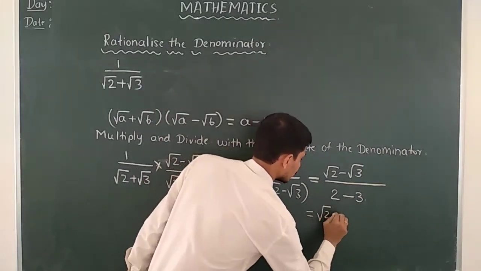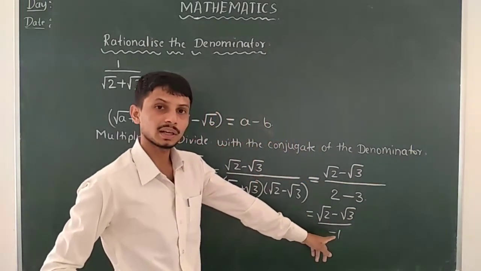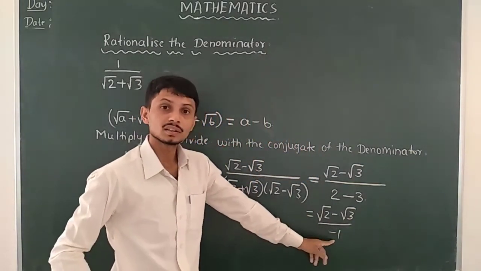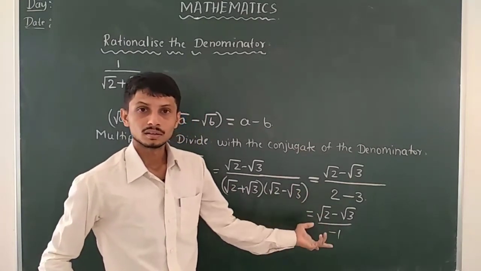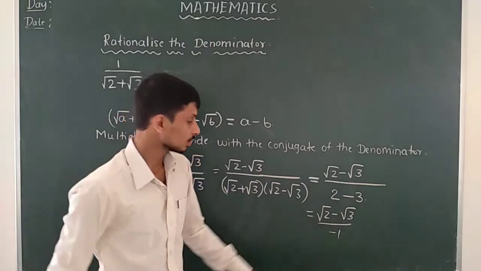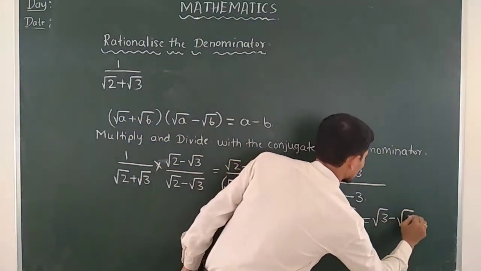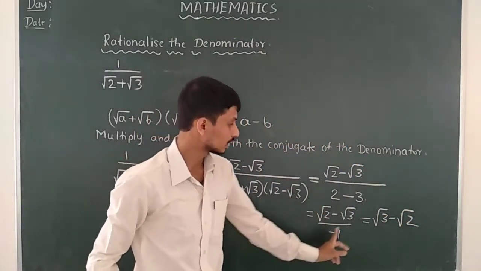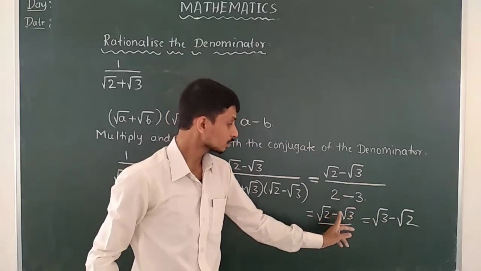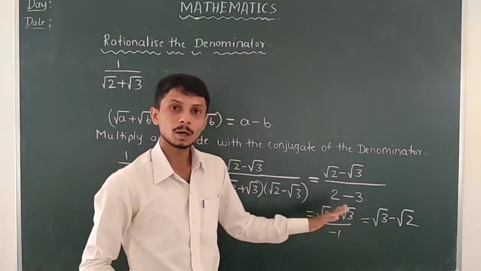So what we have? Root 2 minus root 3 divided by minus 1. When the denominator is minus 1, it will be taken to the numerator. So it can be written as root 3 minus root 2, because when the minus 1 is divided into this equation, minus root 3 becomes plus and plus root 2 becomes minus.